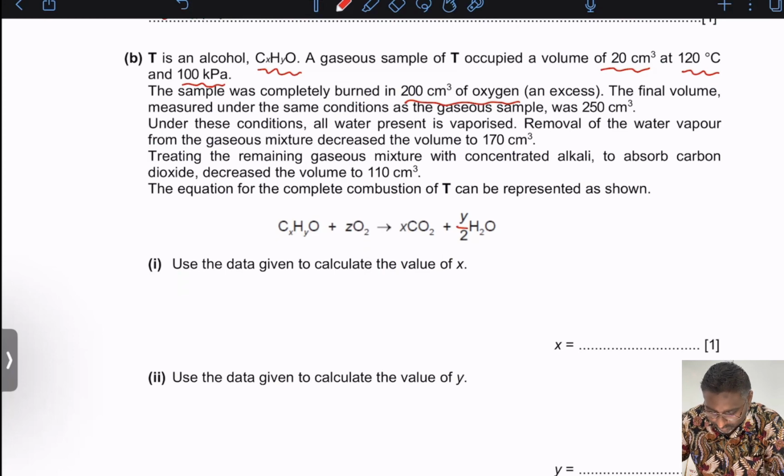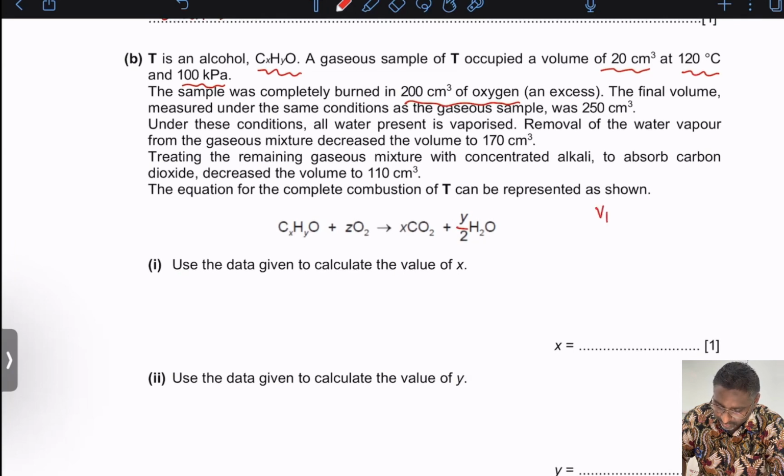Removal of the water from the gaseous mixture decreases the volume to 170. So I know the volume of water vapor is 80. This is the first information that I get.